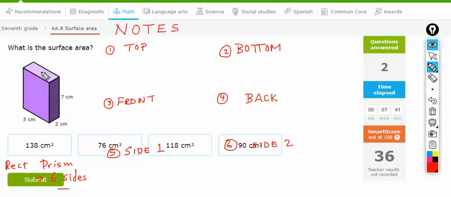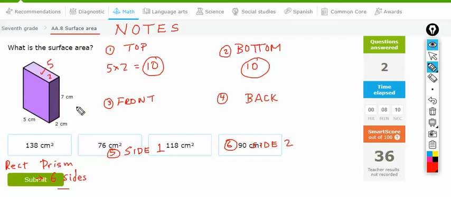We're talking about the top. The top here is going to be here and here. So I could take this side, 5, and this right here is 2. So that's 5 times 2, and that's 10. The top and the bottom are the same, so that's going to be 10. Then I'll circle it.